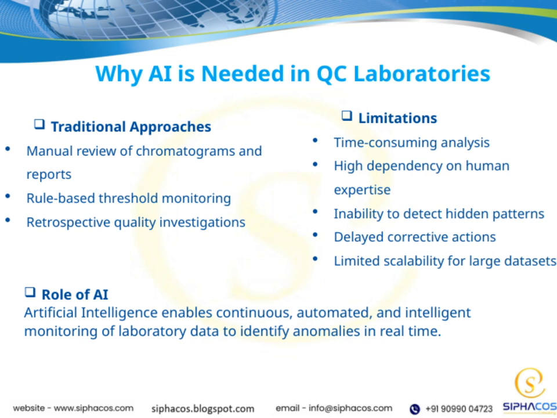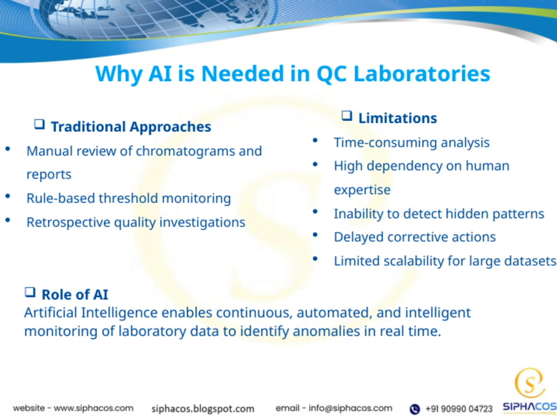Historically, QC has relied on manual review of chromatograms and reports, rule-based threshold monitoring, or retrospective investigations after issues are identified. While these methods have served us for some time, they are limited in their ability to provide real-time insights or adaptability. This brings us to why AI is so essential in modern QC laboratories.